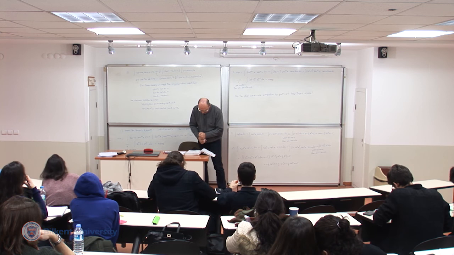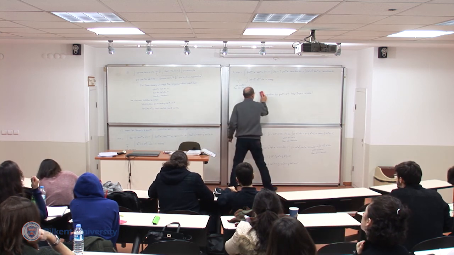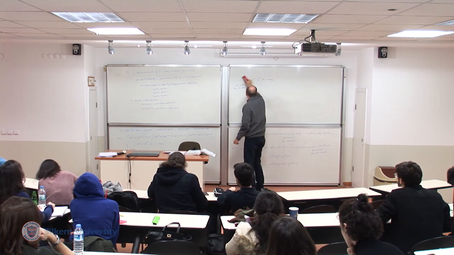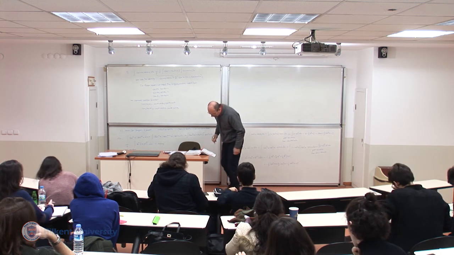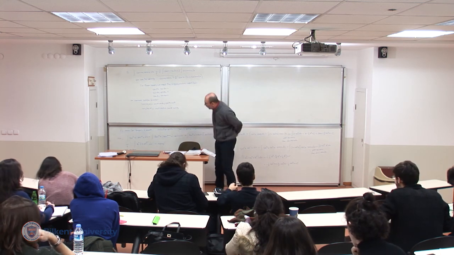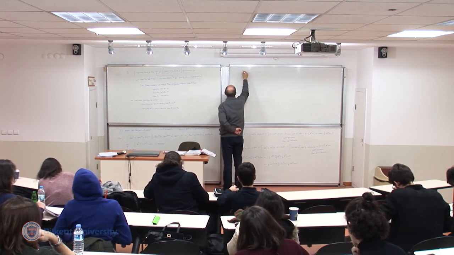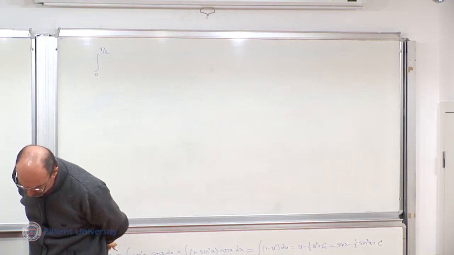Okay, let's do this one. Integral from 0 to pi over 2 of cosine 5t cosine 10t.